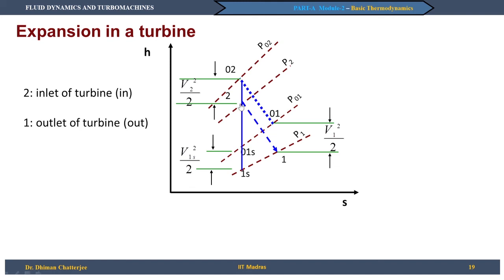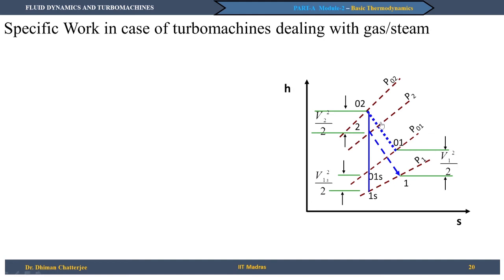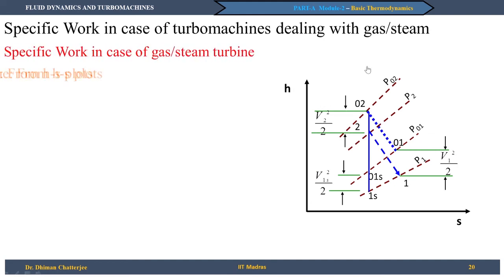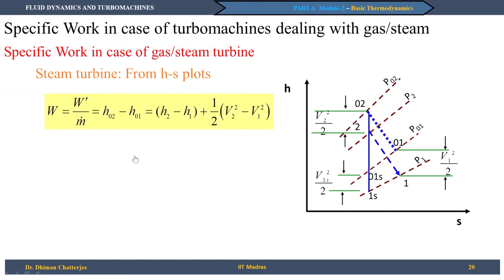If we want to talk in terms of static enthalpies, we can talk about H2 minus H1 or H2 minus H1s as the corresponding cases, and that will give rise to efficiency, as I will show you. So, this is with a gas or steam, and the specific work, as we obtain from the h-s plot in case of a steam turbine, is W prime by m dot, which is nothing but H02 minus H01.